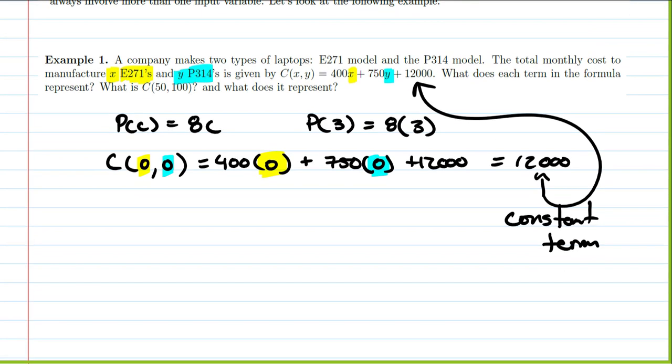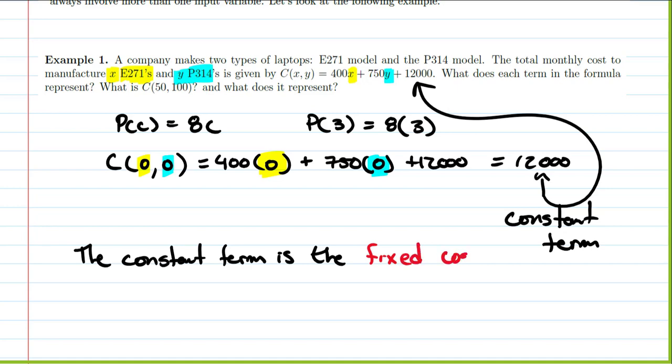So the constant term is the fixed cost. And that cost doesn't change. Whether you make 0 laptops or 1,000 laptops, it's going to cost the same, right? Or the fixed cost will be the same. The other things will change, but the base fixed cost will always be the same.